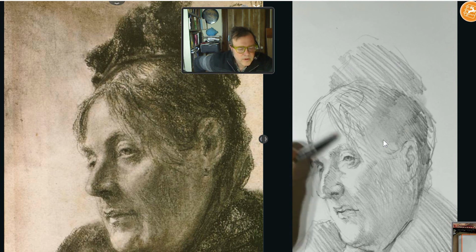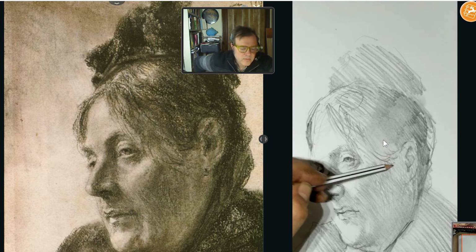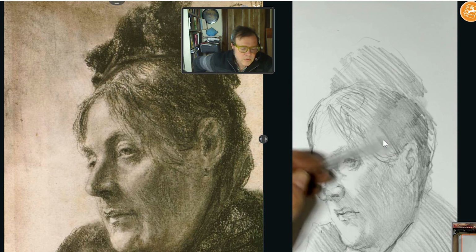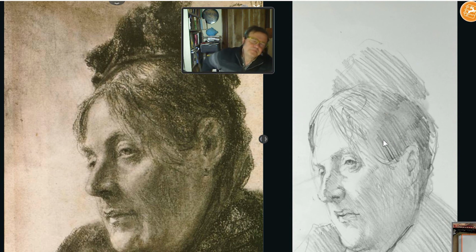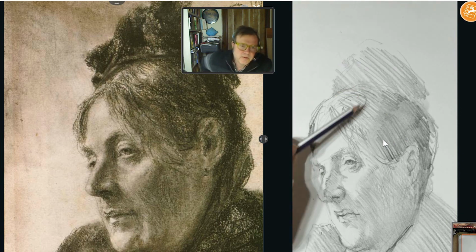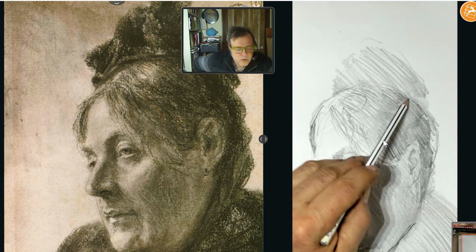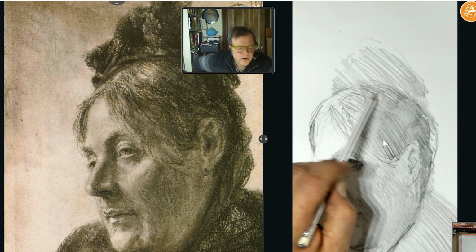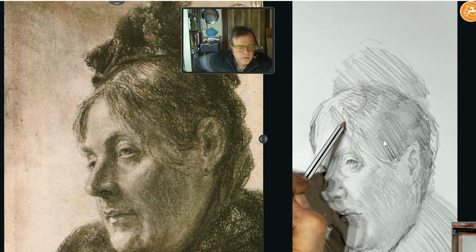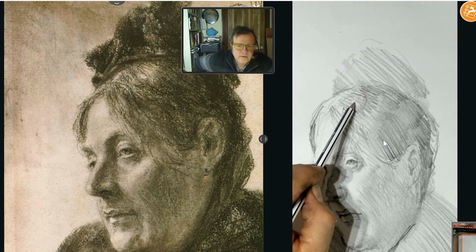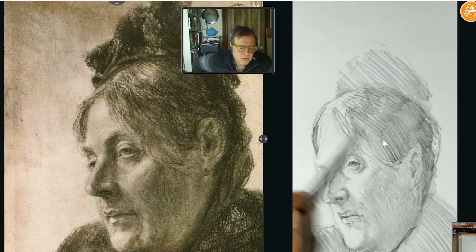There's so many ways to draw hair, and if you want to learn how, the best way is just to copy a bunch of different artists and see how they do it. The most important thing, though, is to realize that in a good drawing, even much more than a photograph, you can read a shadow edge even where there's hair. You see this division between the light and the shadow.